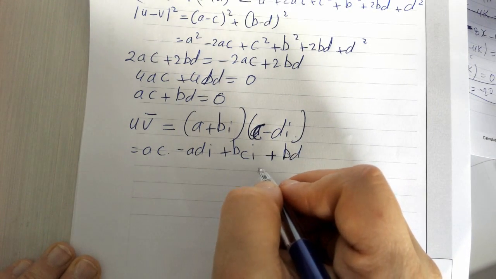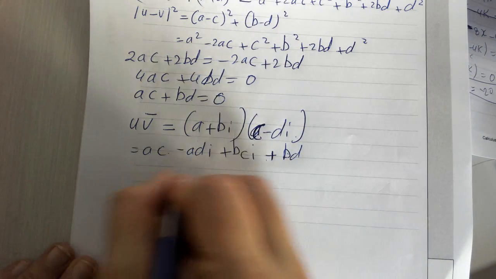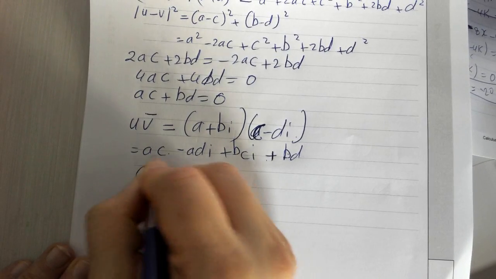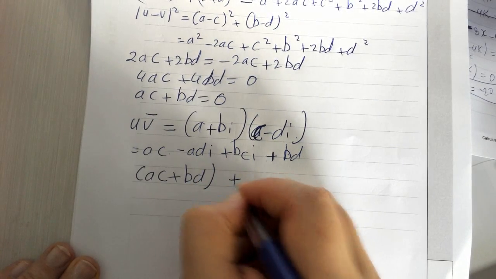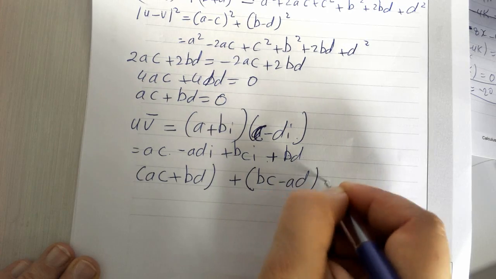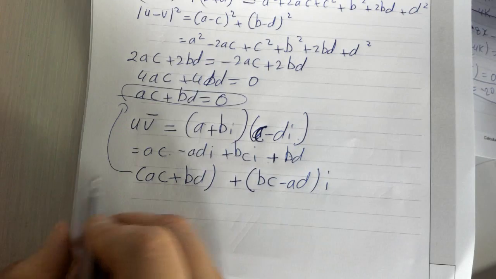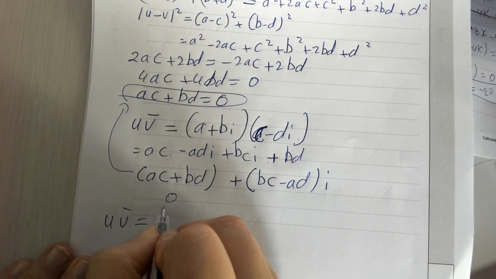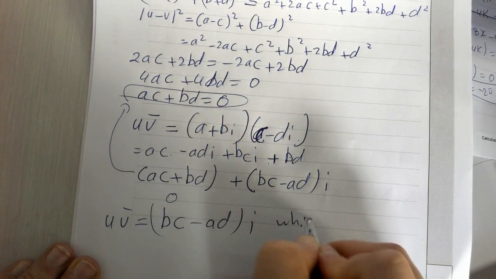Because i squared is negative 1, so that's plus. Now if I rearrange it as real part and imaginary part, the real part is this, and the imaginary part is that one here. And from here, we've already proven that the real part is 0. So that value is 0. That's why u times v conjugate is equal to (bc minus ad)i, which is purely imaginary.